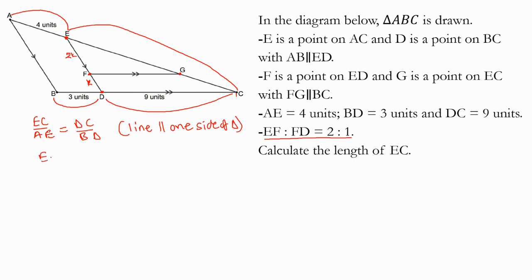EC over 4, because AE is 4, is equal to DC, which is 9, over BD, which is 3. Then you cross multiply, multiply both sides by 4. So EC is equal to 9 over 3 times 4. 9 divided by 3 is 3. 3 times 4 is 12. So EC is equal to 12 units.